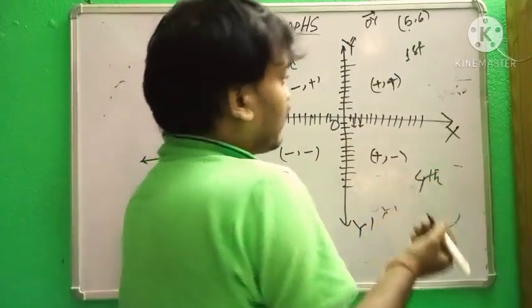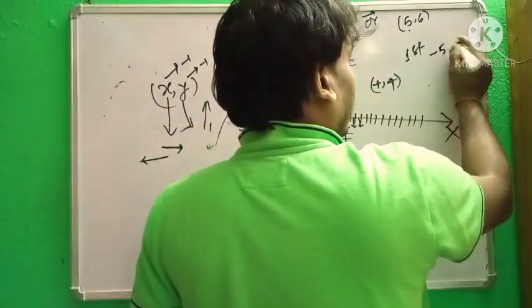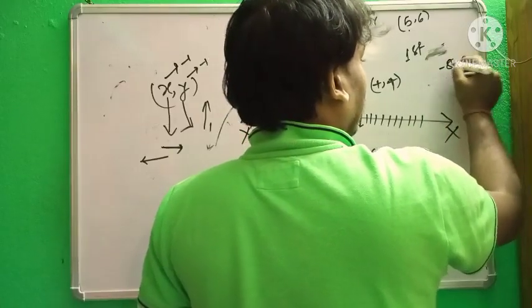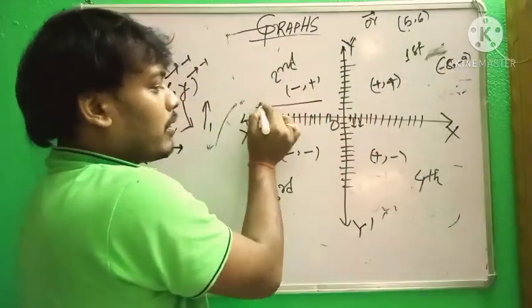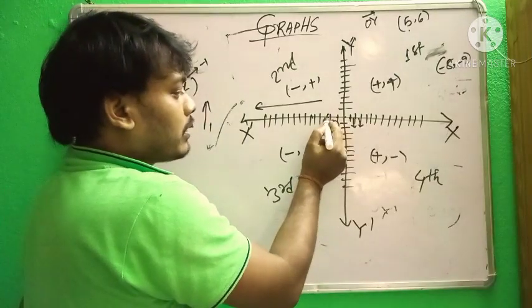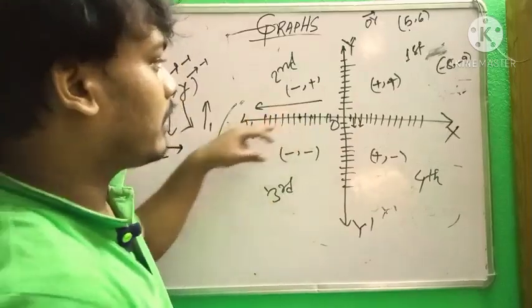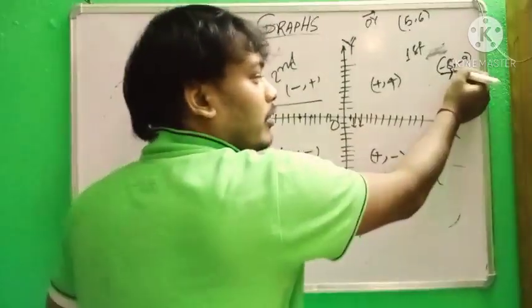So if the question is to put the point minus 8 comma minus 9 on graph paper, minus 8 means we go towards the left. So 1 2 3 4 5 6 7 8. First we go according to the x coordinate or abscissa.